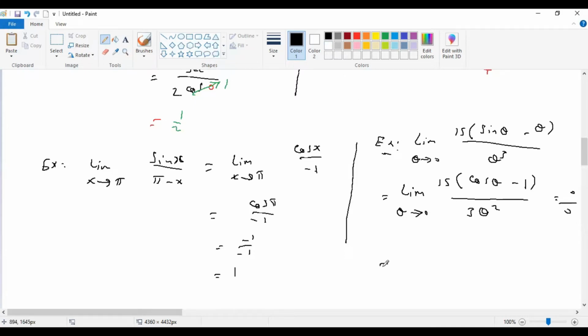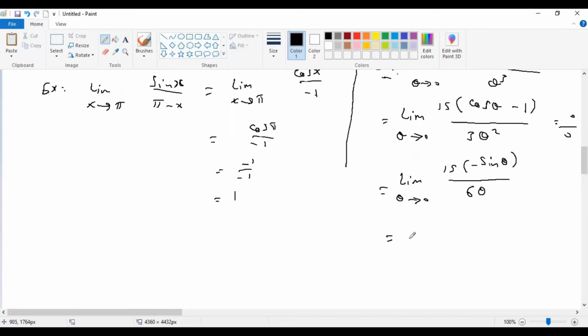So then we have the limit as theta approaches 0 of 15 multiplied by negative sine theta over 6 theta.